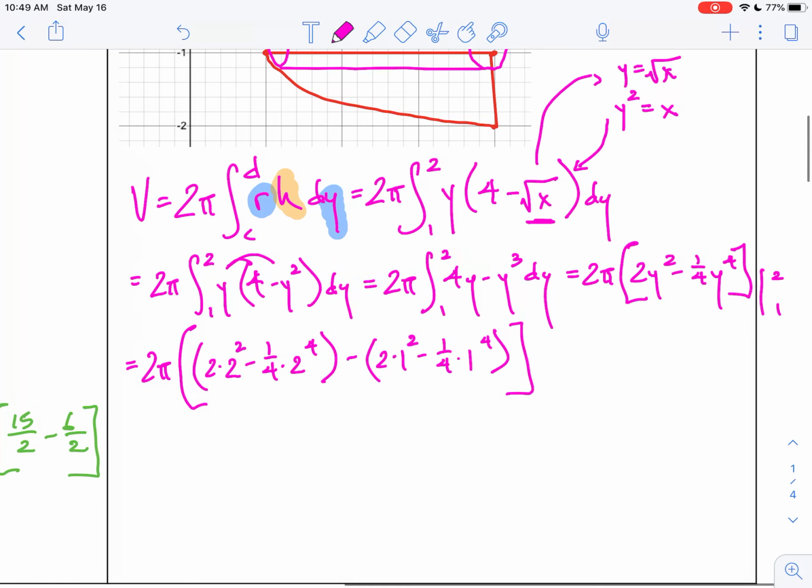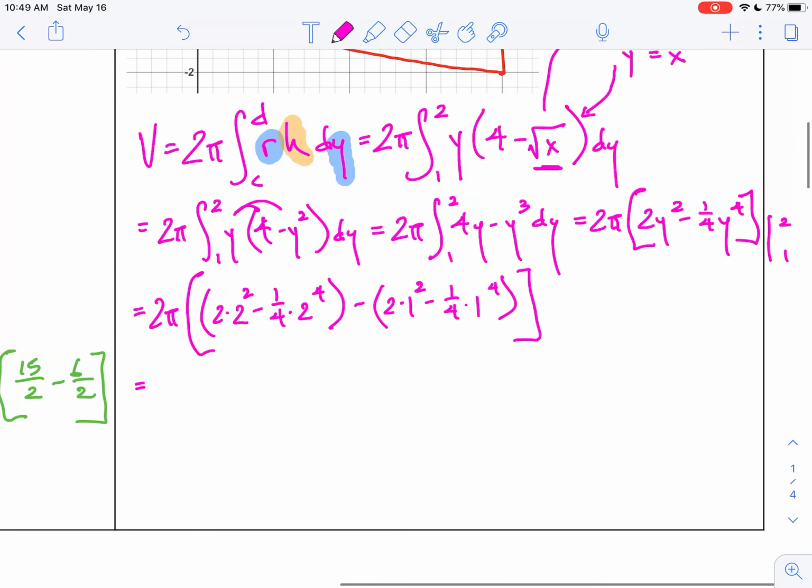Now let's see what that simplifies to. We've got 2 pi.